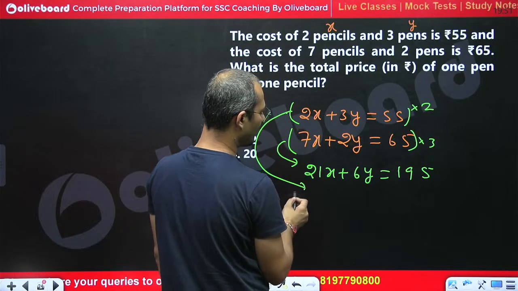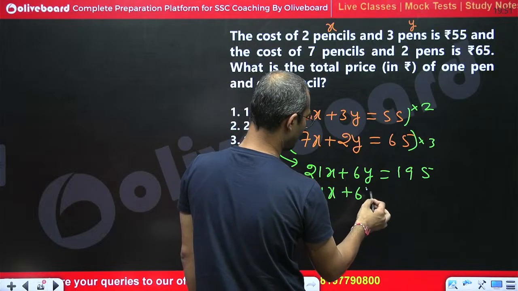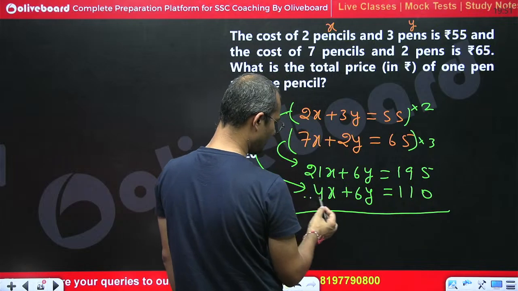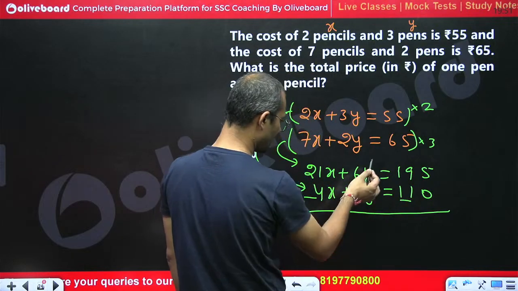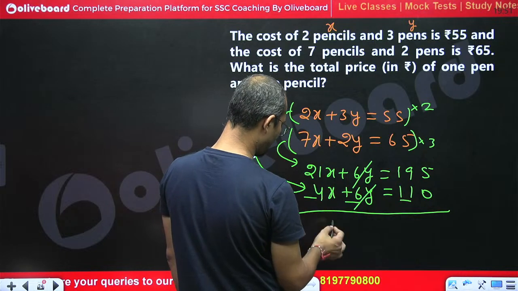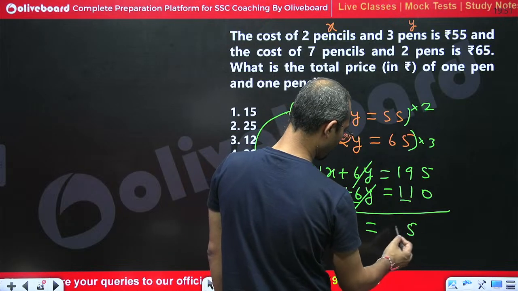And after multiplying by 2, we will get 4x plus 6y is equal to 110. Subtracting this, the 6y get cancelled. So we will get here 17x, right, would be equal to 85.